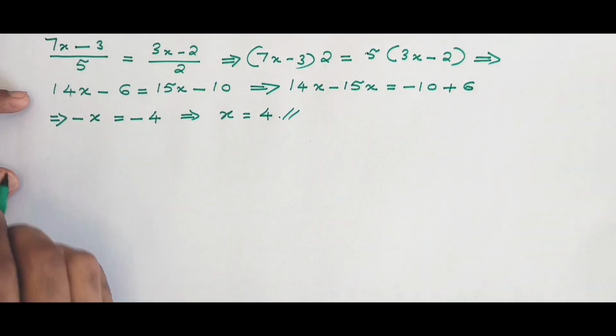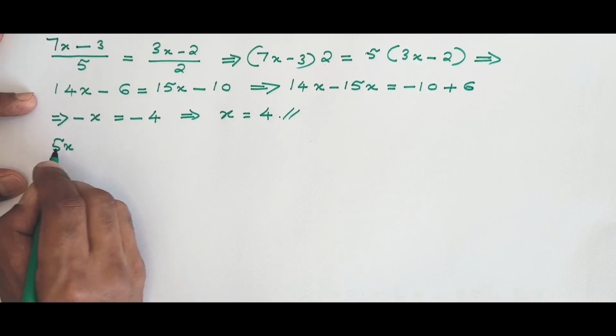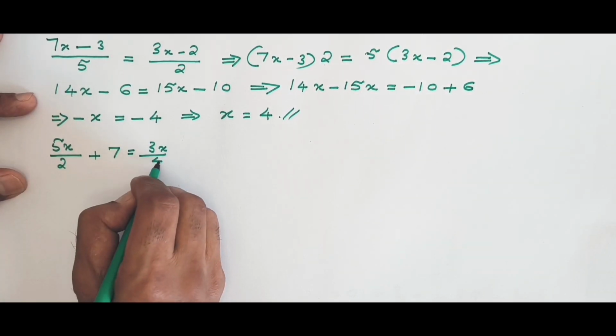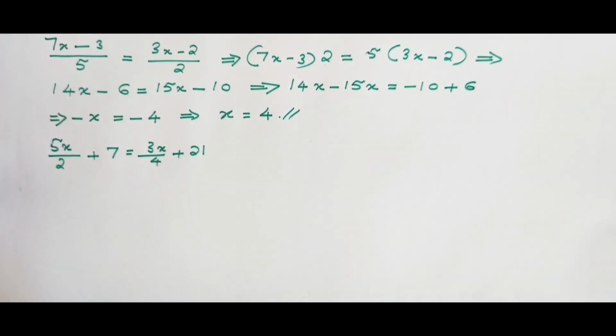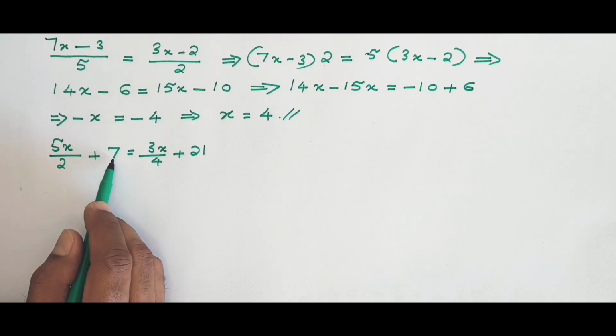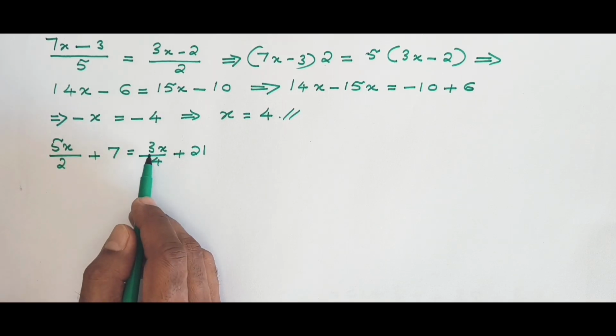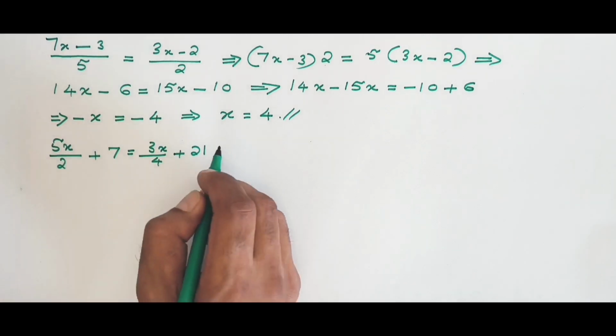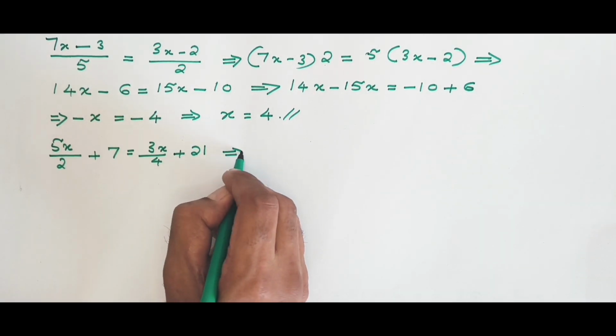Now let's look at a slightly different equation. 5x divided by 2 plus 7 equals 3x divided by 4 plus 20. See, here you can't straight away apply cross multiplication because you have one fraction followed by an integer. Again, on the right side also, there is a fractional part and an integral part. So what do we do in such cases?